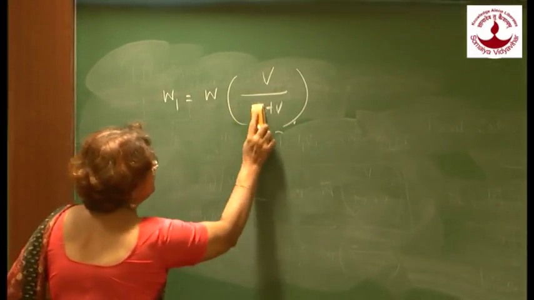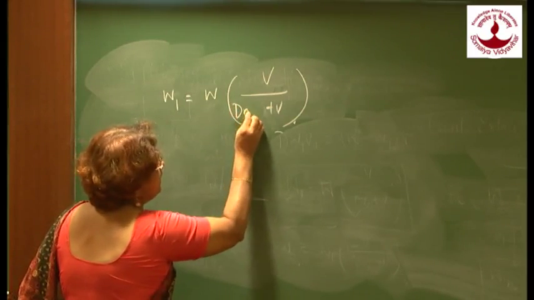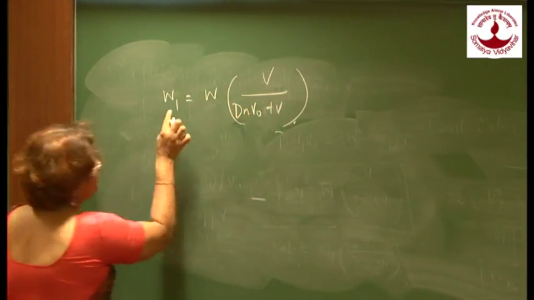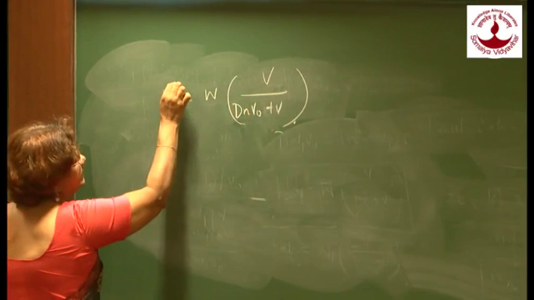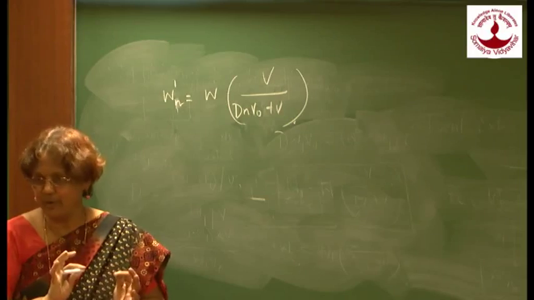I'll tell you why. D N VO, and instead of writing W1, we will write it as W dash N. Actually, it is W1 only.